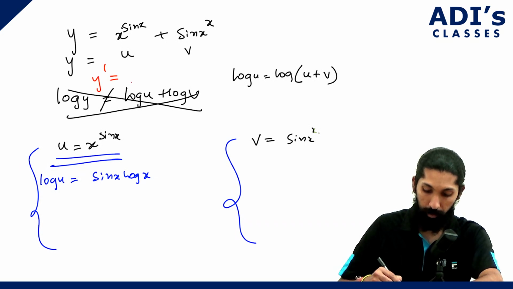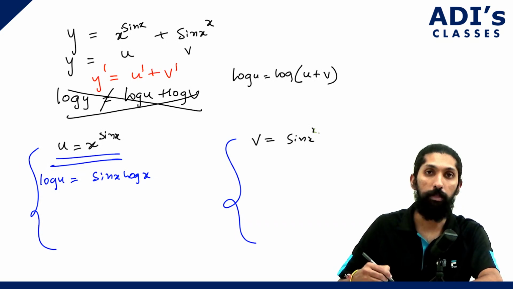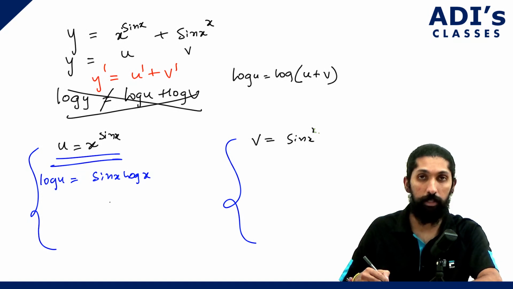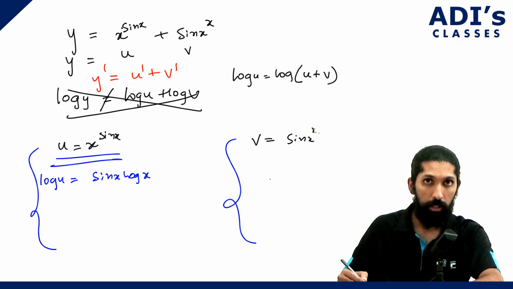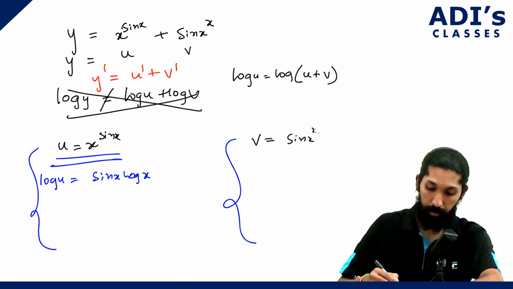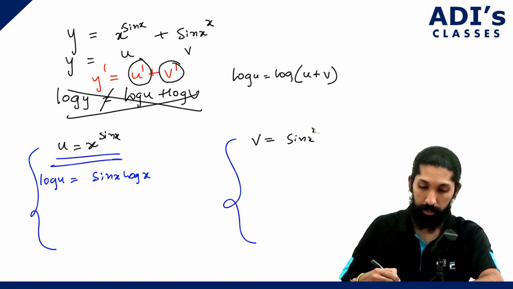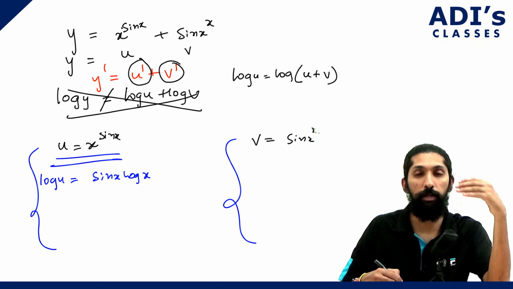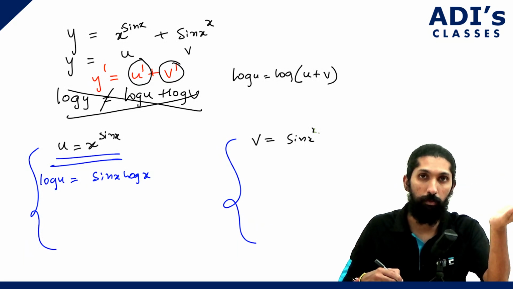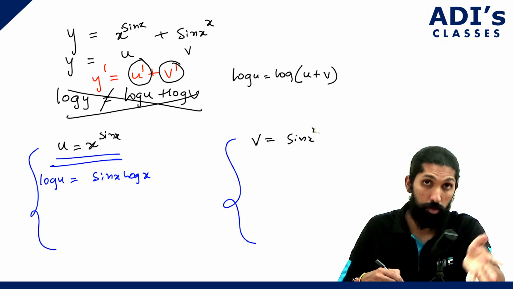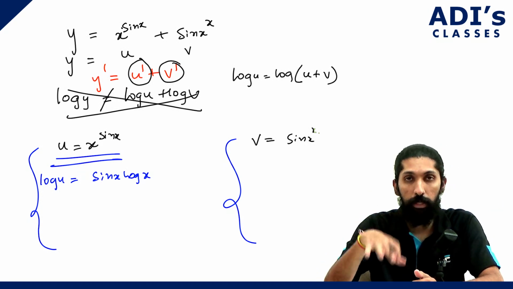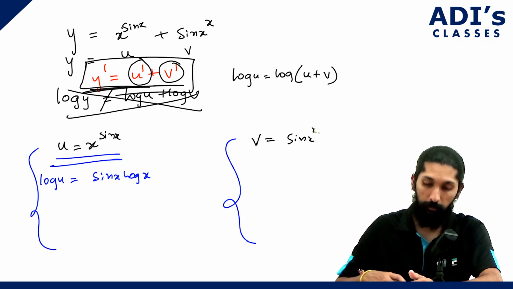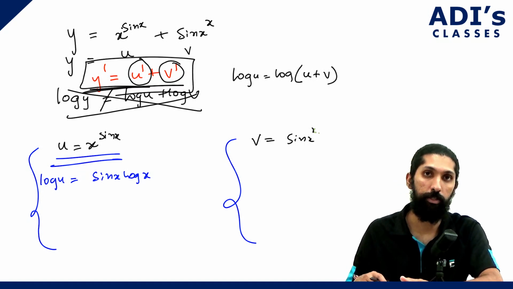So y dash will be equal to u dash plus v dash. After taking both of them, substitute u dash and v dash in this equation. It's basically just substitution, which is a better word here than solving. Then finally, you will get the value of y dash.